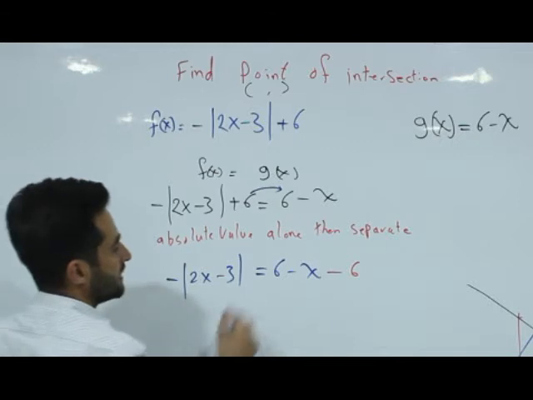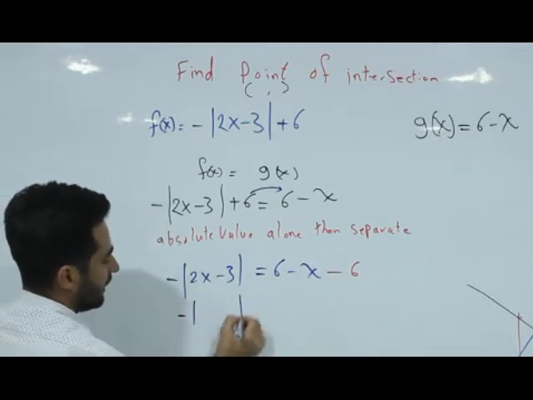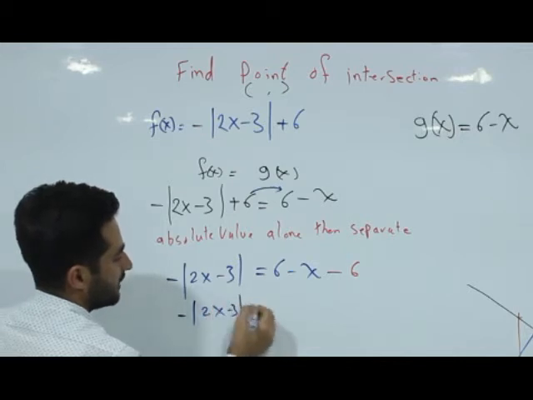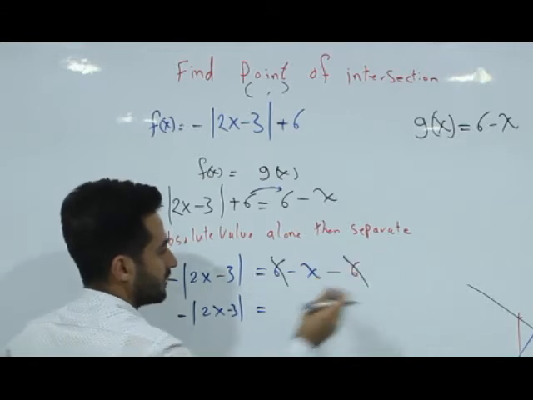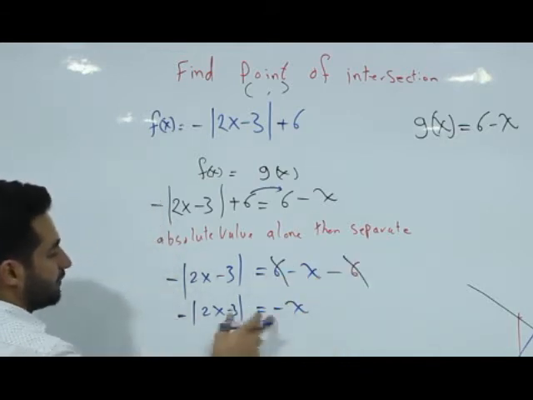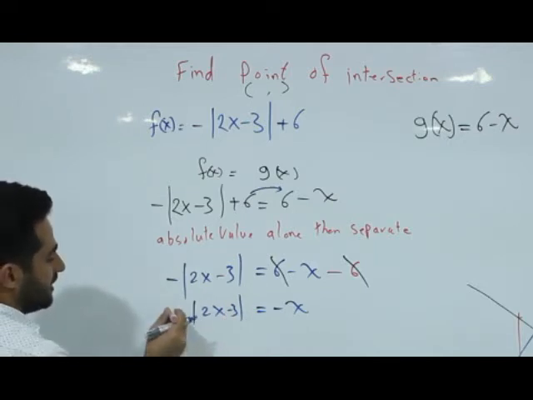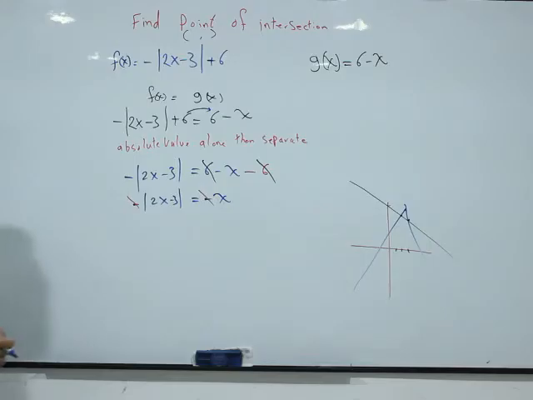Okay, so 6 and 6 cancel. So minus absolute value of 2x minus 3 is equal to minus x remains. How can we remove those two minuses? We multiply by minus 1 on both sides, it becomes plus.